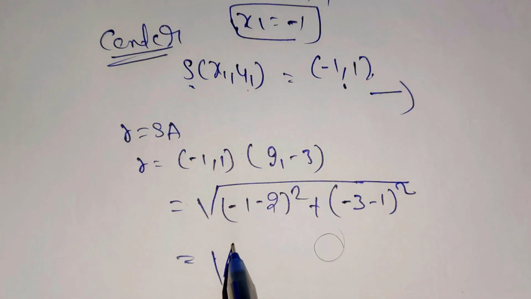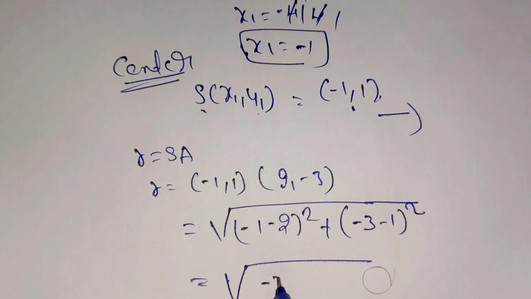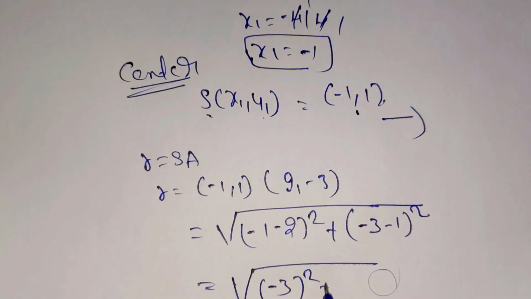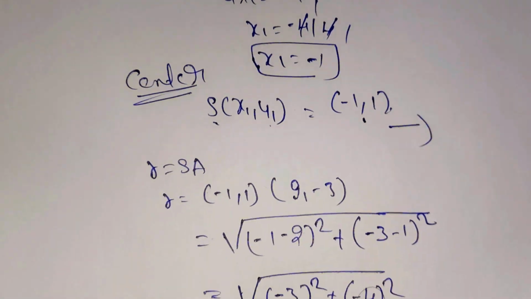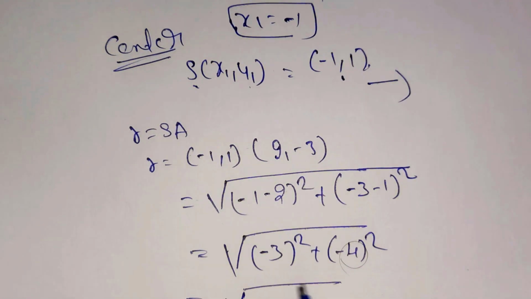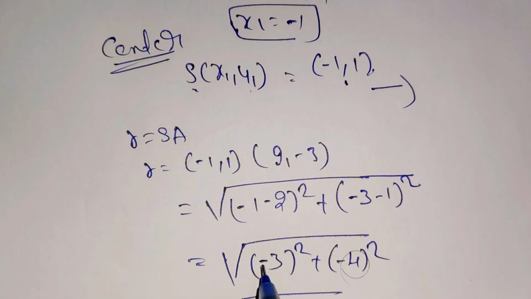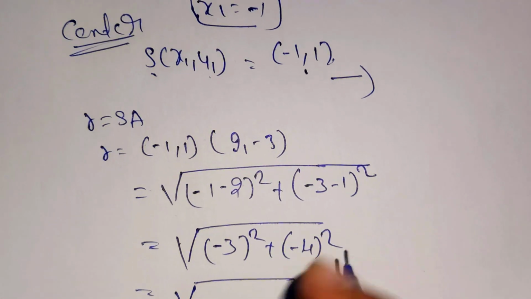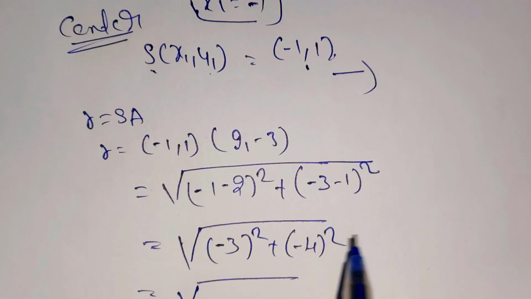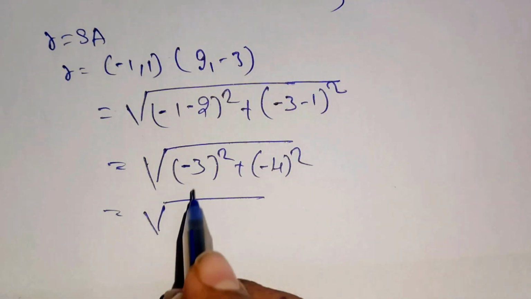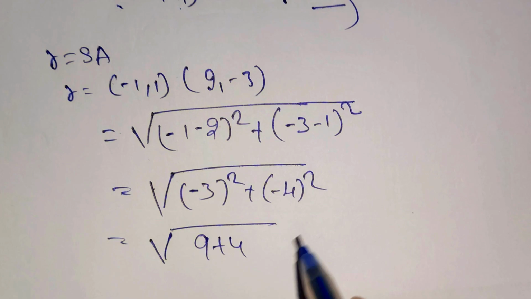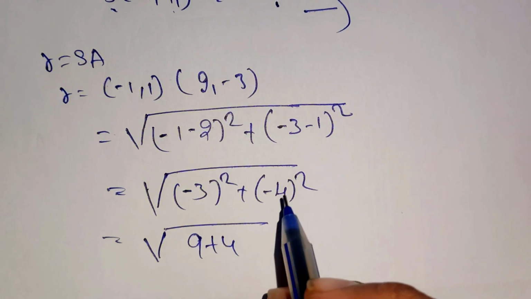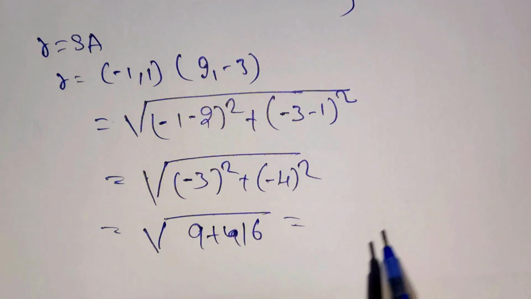And what we get is square root of minus 3 whole square plus 4 whole square. We already know that minus becomes plus in the square, so we get 3 whole square, and also 4 whole square, and it becomes 3 3s are 9 plus 16.